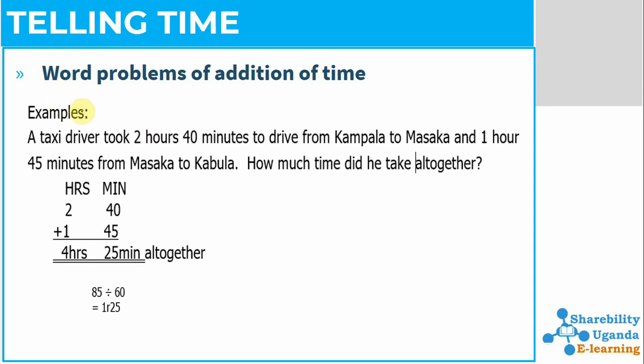For this example, we are going to extract the information. How do you understand that this is supposed to be addition, or multiplication, or subtraction? Let's look at this and extract some understanding from this question.